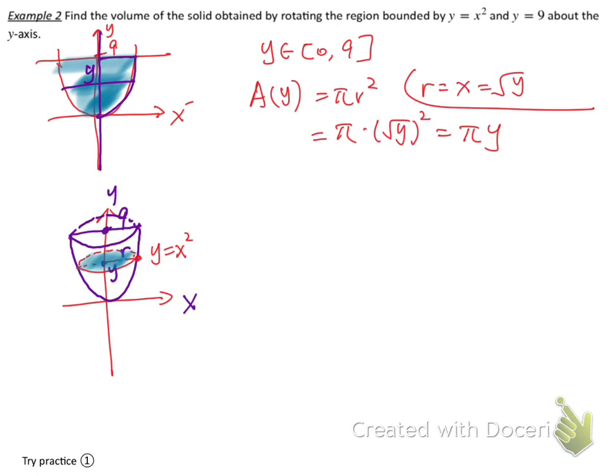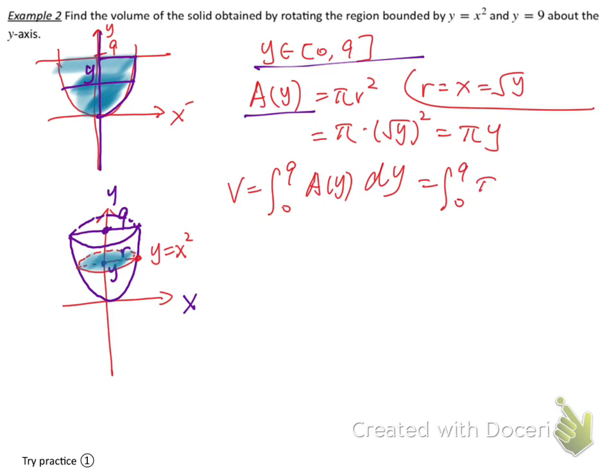Then, okay, you have the integral bounds, and then you have the cross-sectional area. Then you can just put them together. Volume is the integral from 0 to 9 of A of y dy, where A of y is pi y.